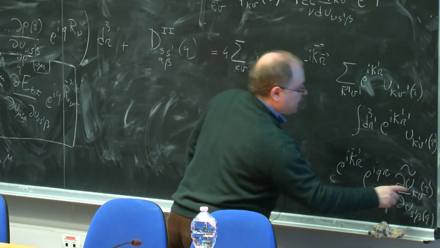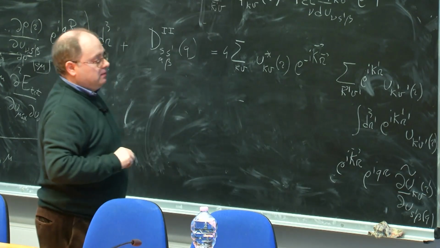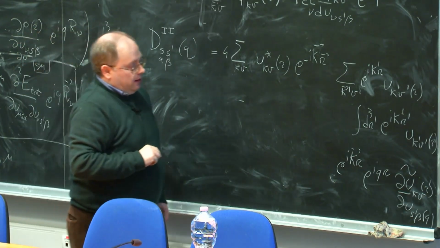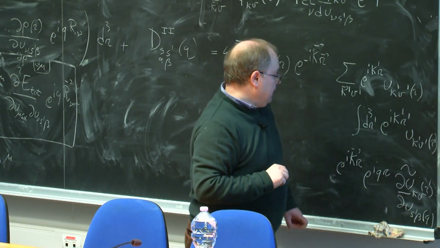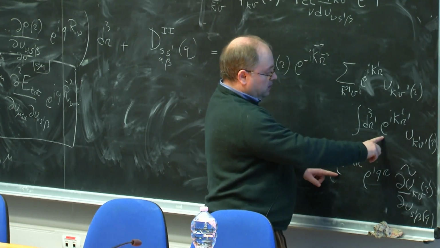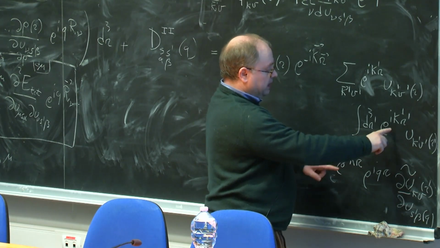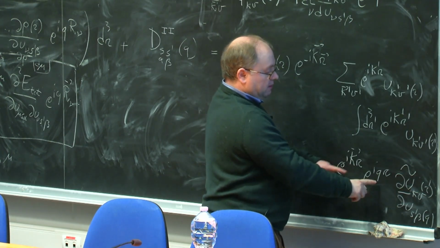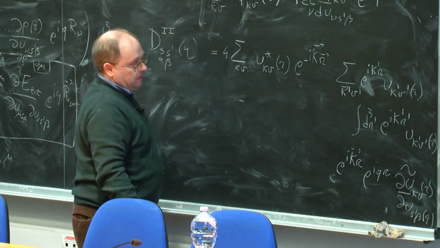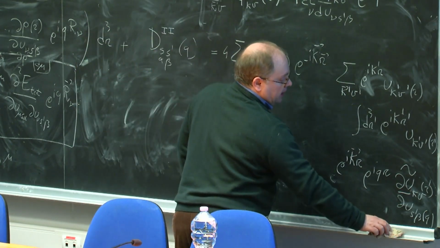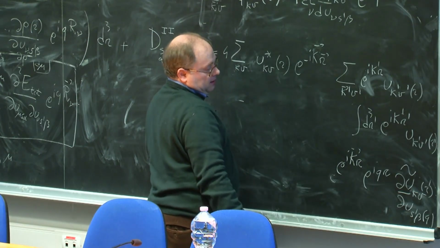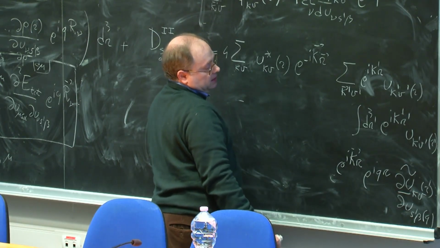And this is of r prime and has to be integrated with this. So you see, these are two periodic objects. And so this integral will be different from 0 only when k prime is k plus q. So we will have here just a delta, a phase k plus q.